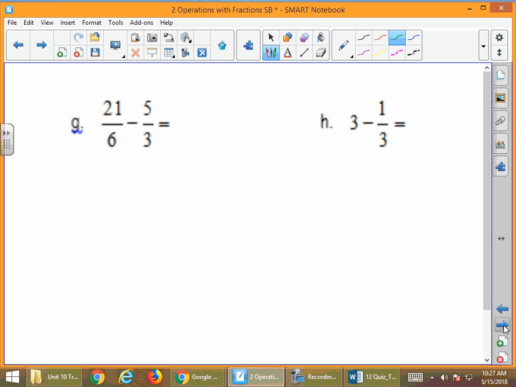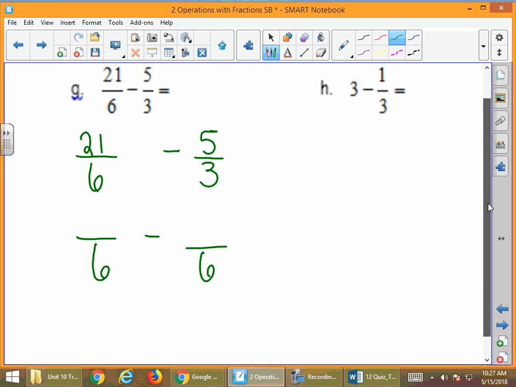But as we take a look at this one, again, what I said previously is, will 3 go into 6 evenly? Well, 3 will go into 6 evenly. So as we write this fraction down, 21/6, leave a little bit of space, minus 5/3. 3 goes into 6. Our least common denominator is 6.